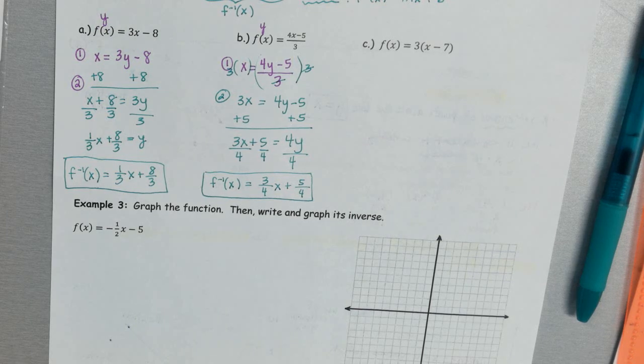There's actually 2 different ways to do part C, so you can decide. And then once you finish part C, go ahead and, for example 3, you can find the inverse for example 3.